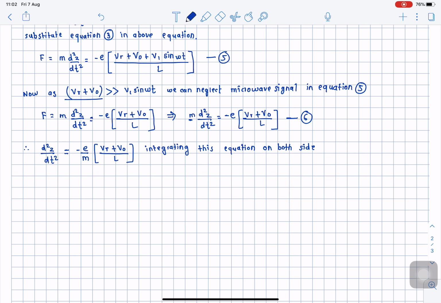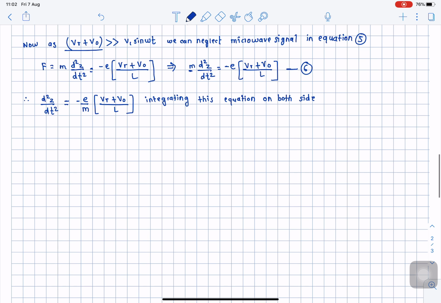So if I integrate this particular equation on both sides, I will get dz by dt on the left. On the right, minus e by m, 1 by L, and Vr, V0 are again constant because these are the voltages, integrated from time t1 to t.